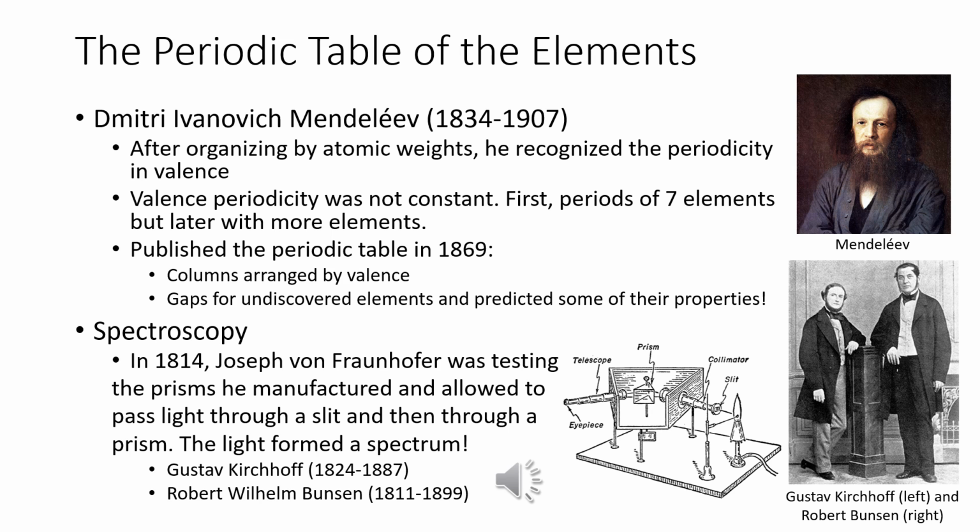I think this was the key factor for the chemical community to accept his table, because later on, with the development of other techniques like spectroscopy, it was possible to detect some new elements that fit very well with the predictions made by Mendeleev.